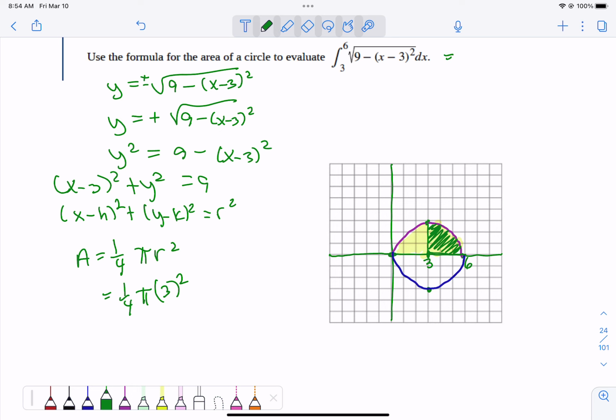Don't write it otherwise. 3 squared is 9. That's 9 pi over 4 square units. I don't know what the units are, but okay. So an integral represents the area under the curve. If there were some negative regions, some regions under the x-axis, you would have to put a negative on those regions.